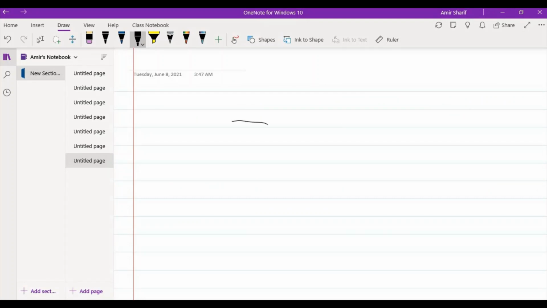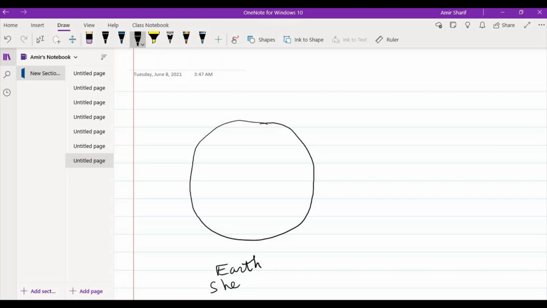For example, let's take an example of Earth or any spherical body.